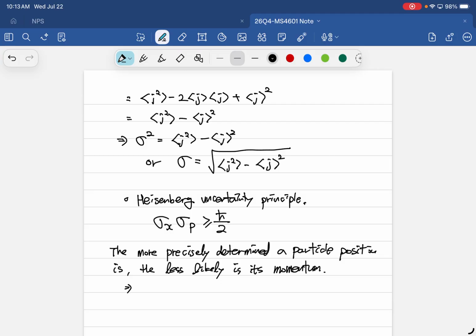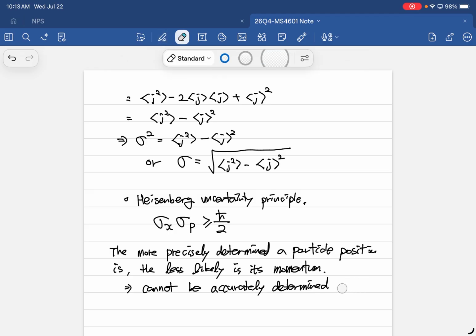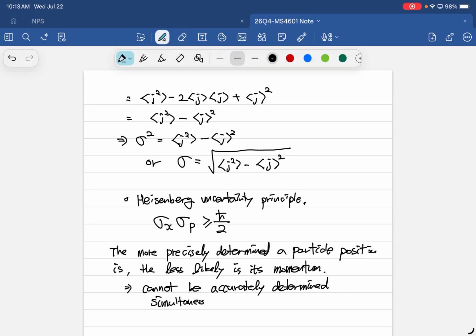In other words, they cannot be accurately determined simultaneously. Okay. So this is the Heisenberg uncertainty principle from quantum mechanics.